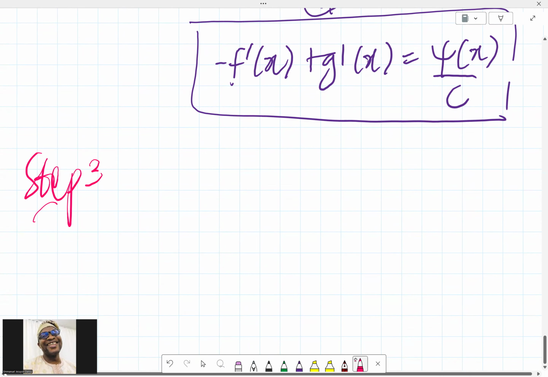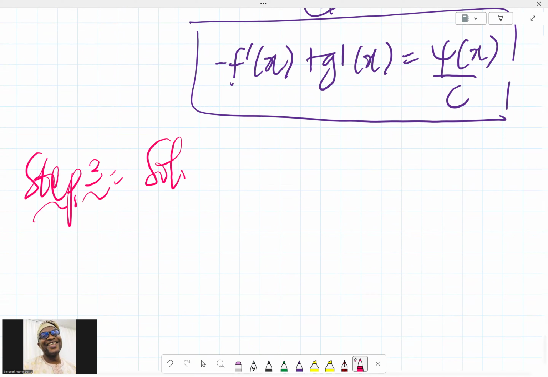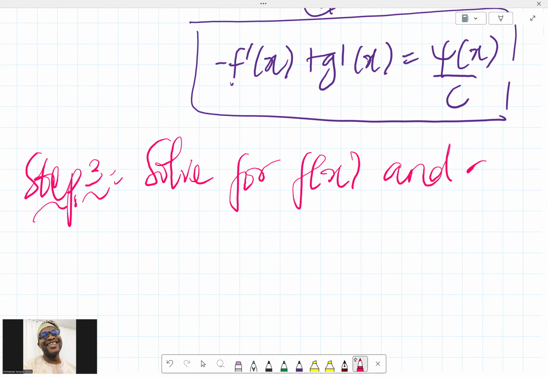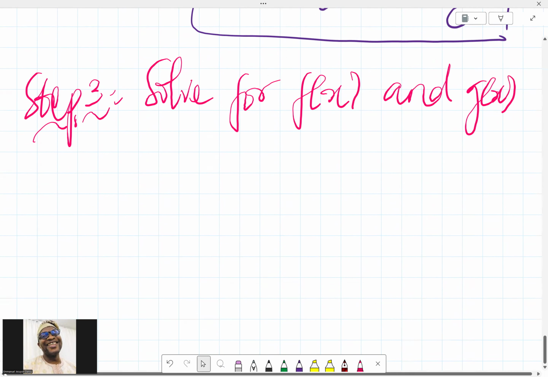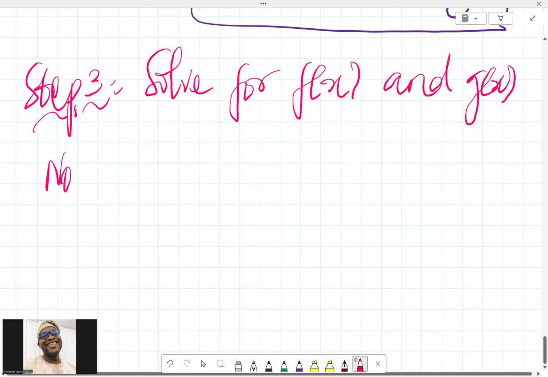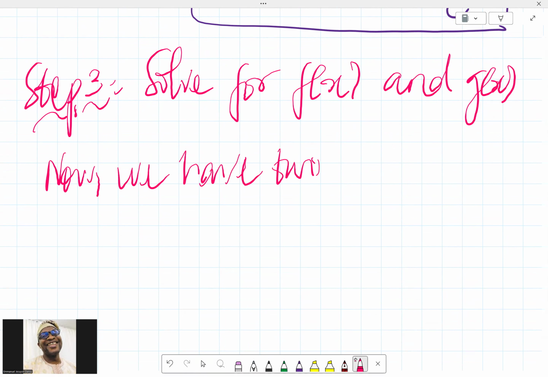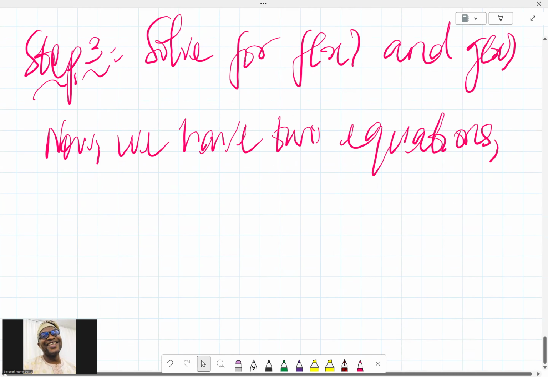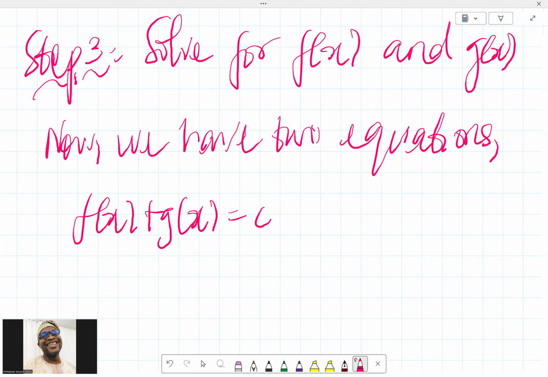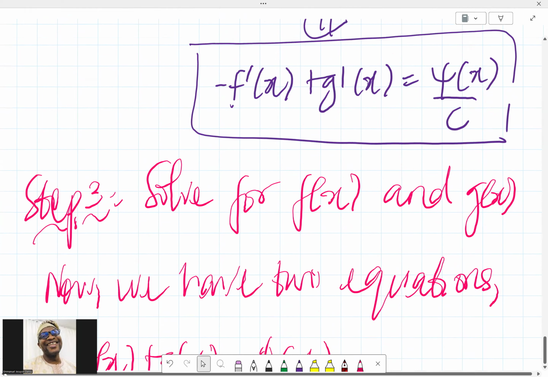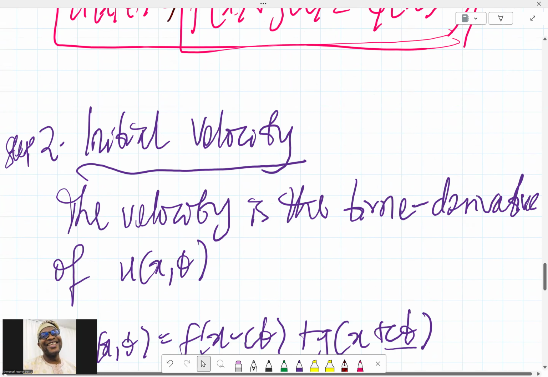In step three now, we solve for f of x and g of x based on what we already have. So now we have two equations. That will be f of x plus g of x equals phi of x, as we see, that's from here.